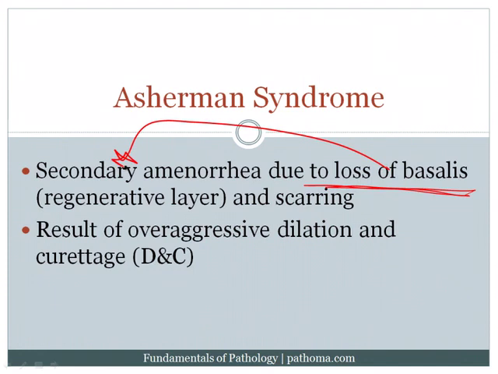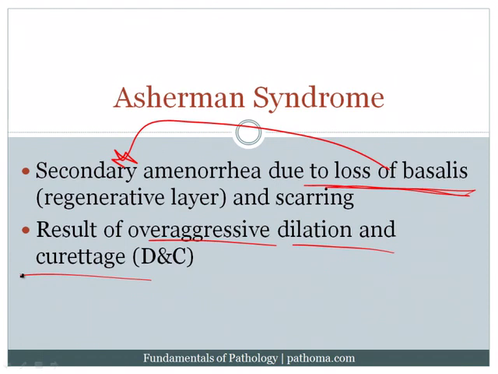Now, what would be the cause of Asherman syndrome and this secondary amenorrhea with loss of the basalis? Well, a common cause is overaggressive D&C. Now, in a D&C, let's say a patient needs a D&C and we want to go in there and scrape something out of the uterus. Well, we go in there, literally, we dilate the cervix, and then we curettage or scrape away the surface of the uterine wall.